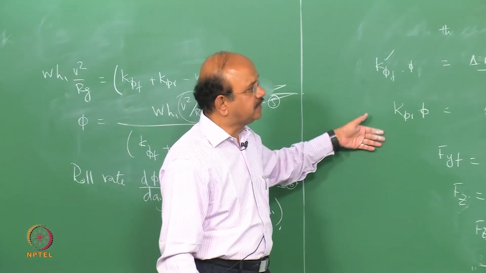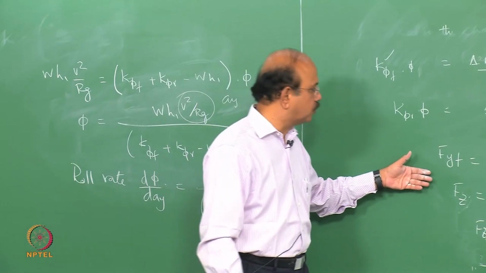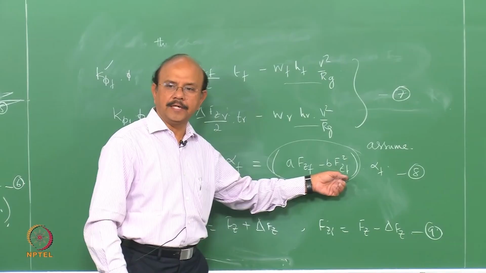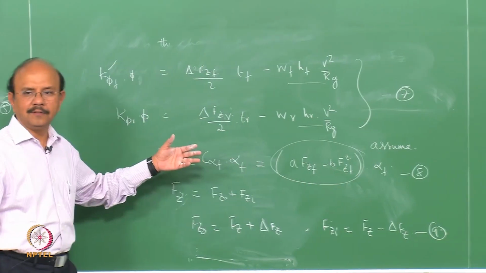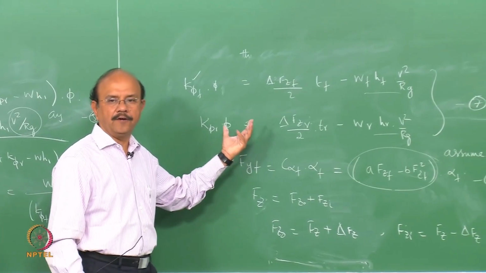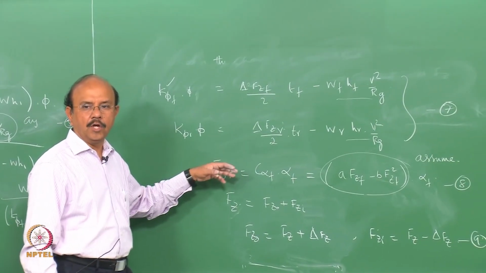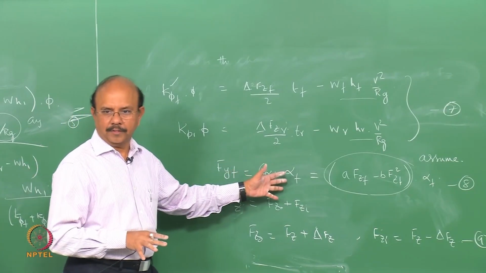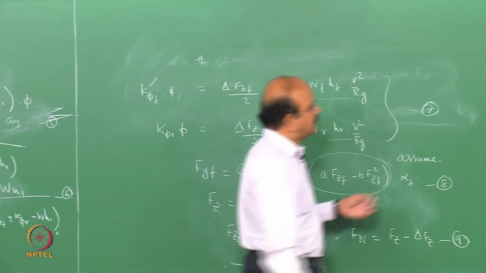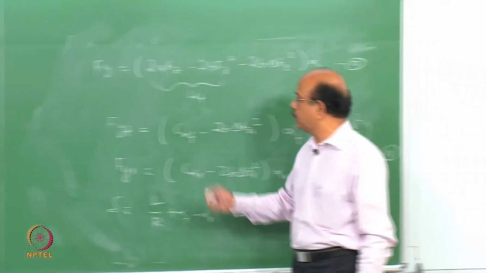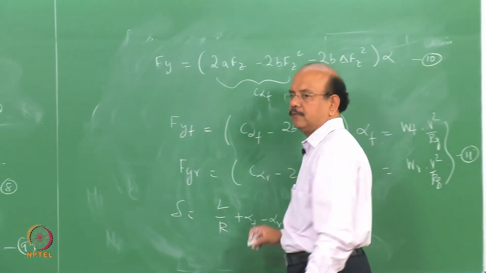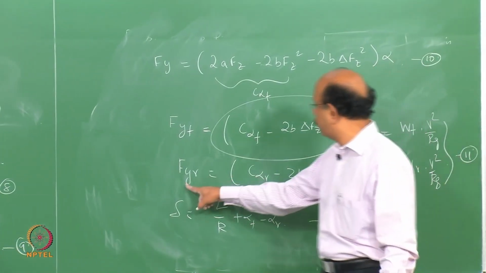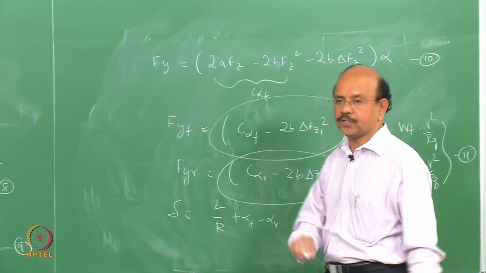And then from this, assuming that the tire has a nonlinear relationship with respect to Fz, we find out the changes in alpha f because of introduction of both this nonlinearity as well as the roll. That's what we did. Clear? So that gives rise to an expression for alpha f, which is Fy divided by that expression, and alpha r is equal to Fyr divided by that expression.